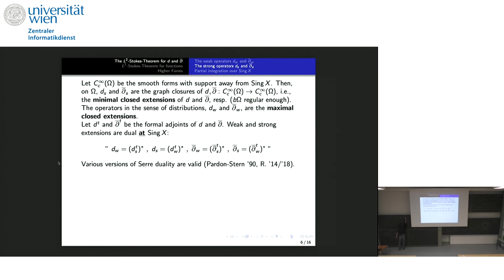So this is the strong extension of the formal adjoint of the d-bar operator. This works pretty easily in Hilbert spaces, and it is classically contained in the classical Ruppenthal theory, for example.